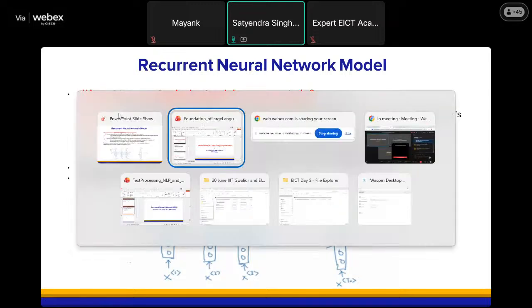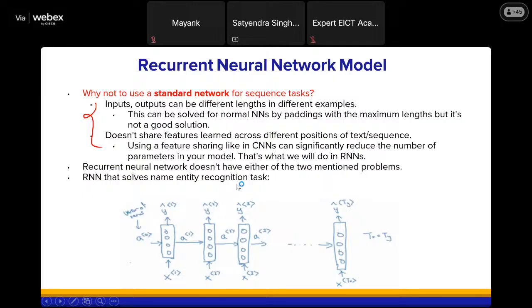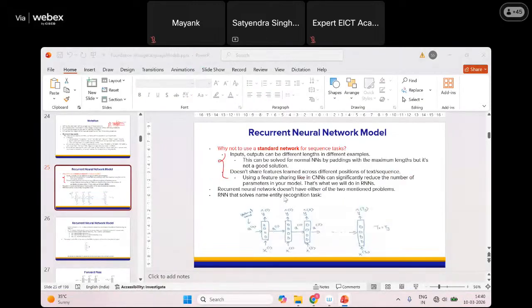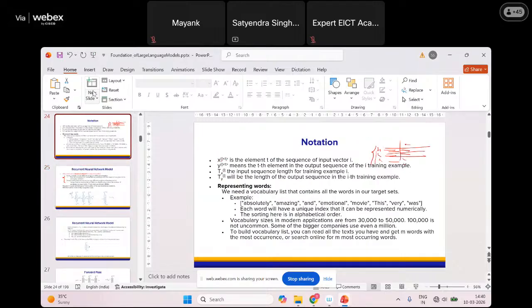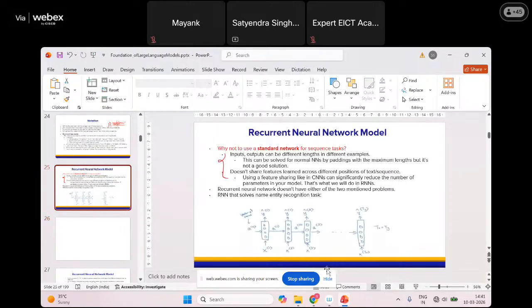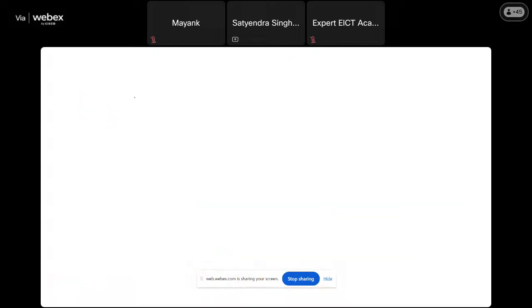So to capture the notion of ordering, given an input, for example, let's say x1, so according to notation we are writing x1, x2, x3, x4 and so on.